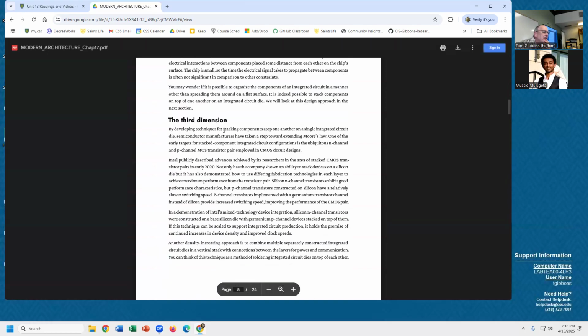They also talk about a third dimension here. Right now, we're working with flat silicon chips, and another idea would be, rather than put everything on one chip, to put it on multiple layers of silicon. This is actually done with our circuits. On our printed circuit boards, the bigger circuit boards, we have multiple layers.